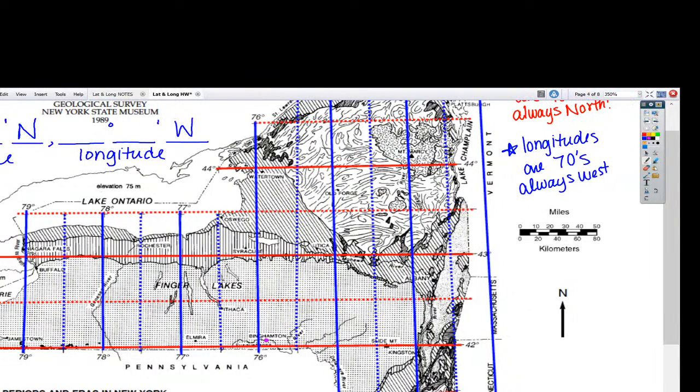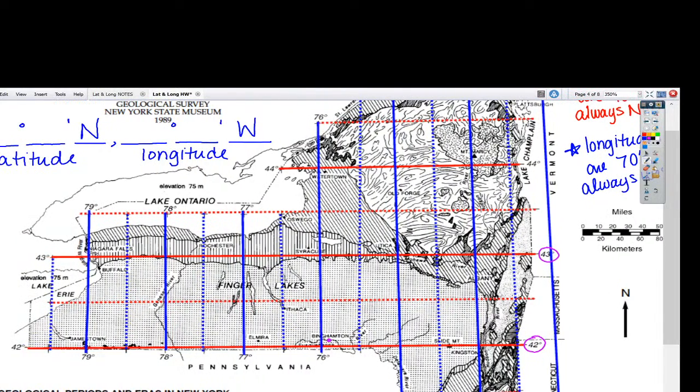We're going to do latitude first. Looking at my lines, I can see that Binghamton is between the 42 line and the 43 line. Does everybody see that? Okay. Now step two is deciding what's going to be our first number for our latitude. The rule is this: if my location is between 42 and 43, I always go with the lower number.